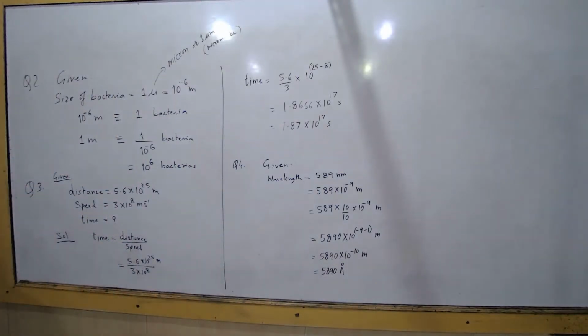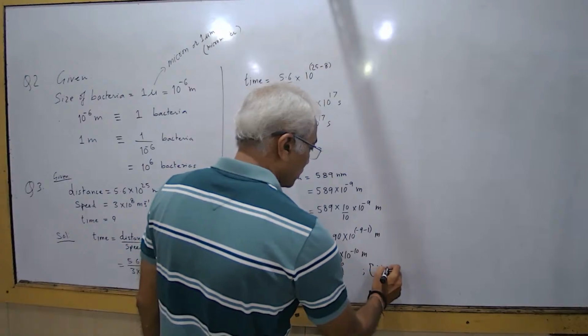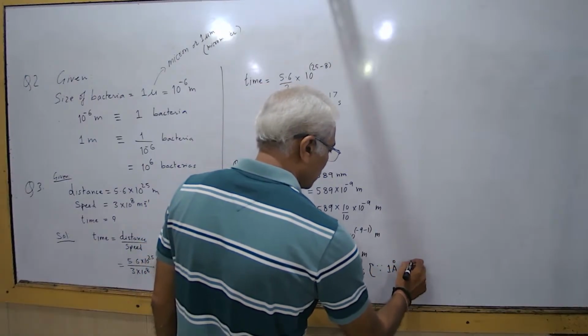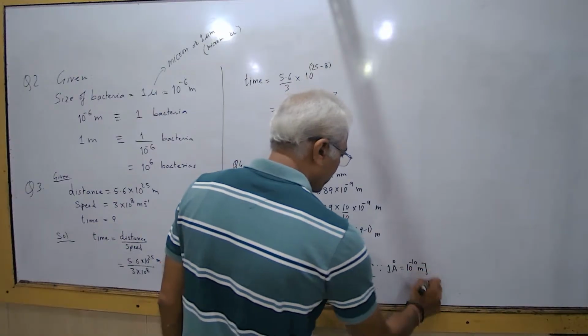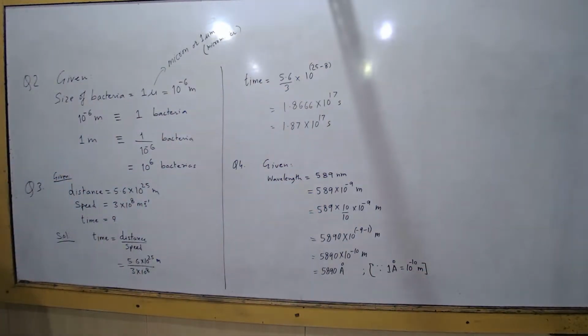Okay. So don't worry, you'll get used to these units because you're going to use them so many times. Right? So what we have used is that 1 angstrom is equal to 10 raised to minus 10 meter. That's why we have done this calculation. Got it?